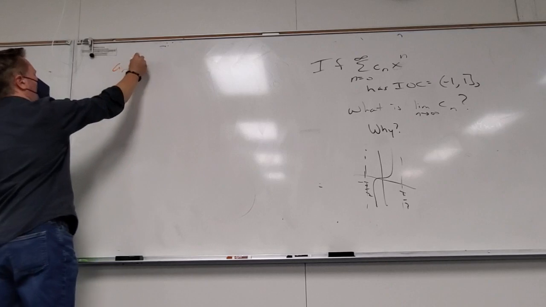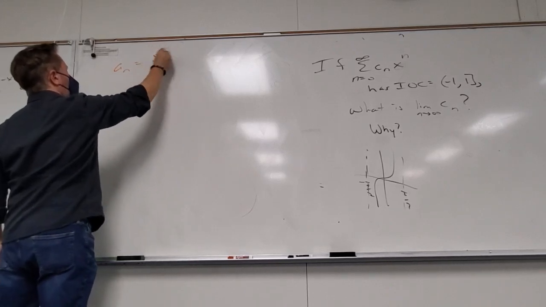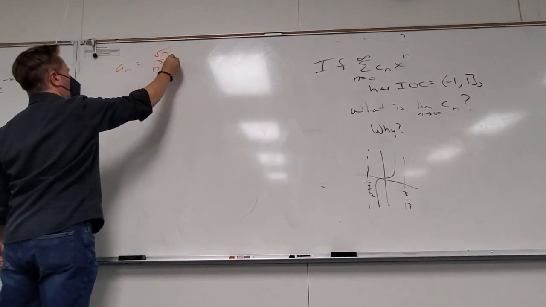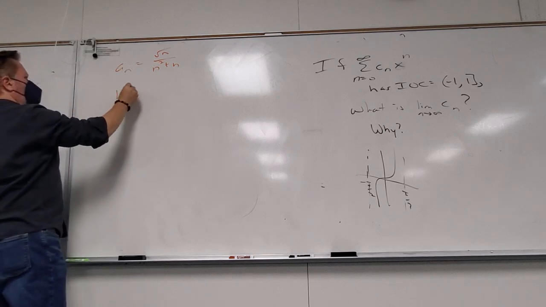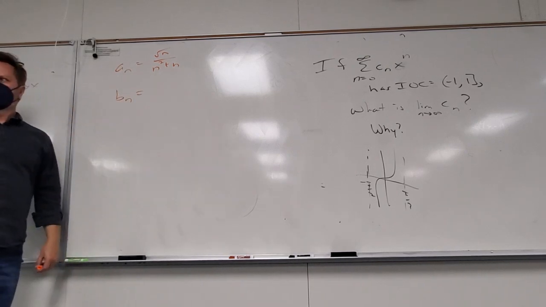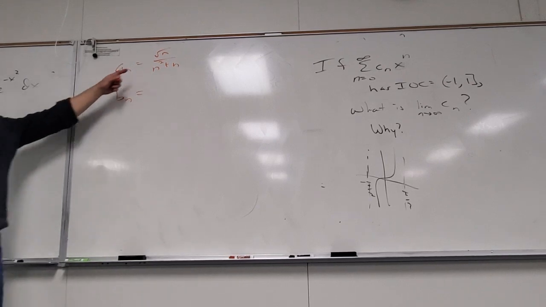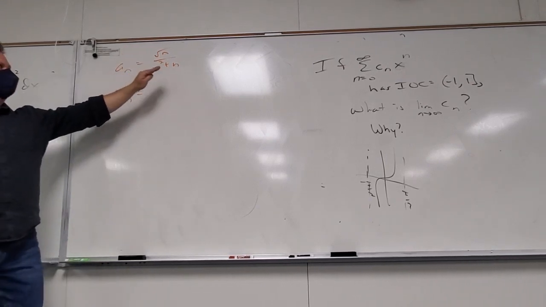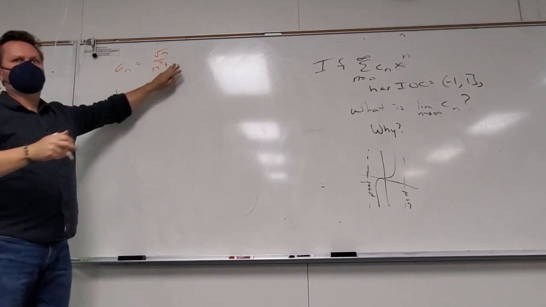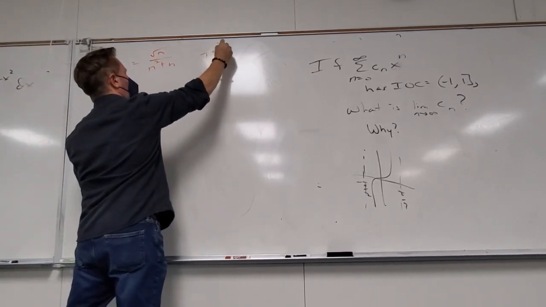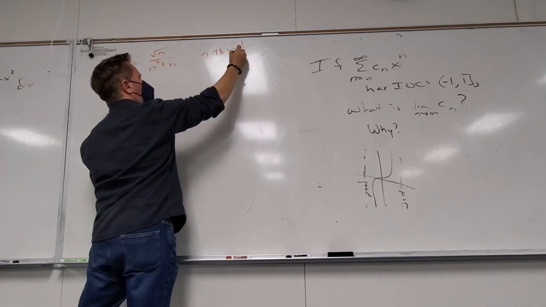So a_n in this case is root n over n squared plus n. So what do you want b_n to be? It's basically the sequence that it's trying to be. If you sort of ignore this part, what is it trying to be? 1 over n to the 3 halves.